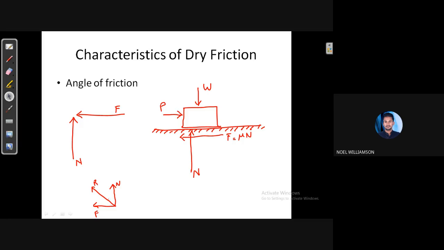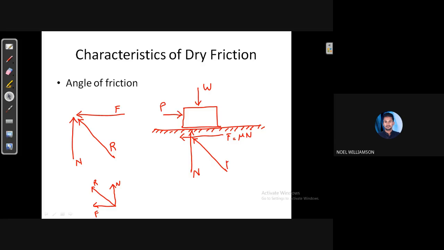In a similar fashion, we can represent the resultant here.